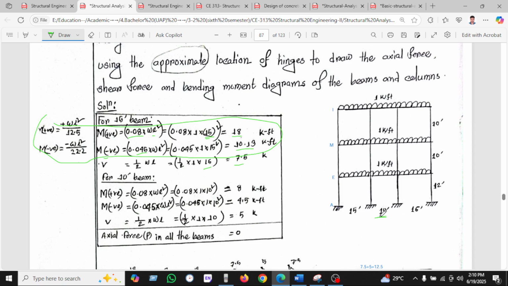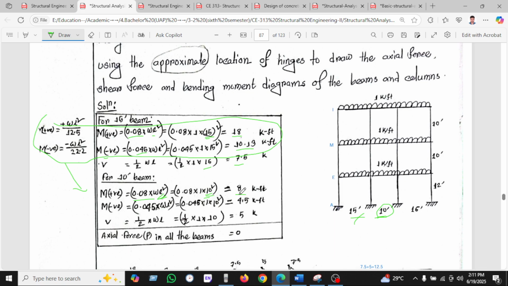In the same way we can analyze the beam which is 10 feet. We have shown here that this is the 10 feet beam. We are using the same formula, M positive equal to 0.08 WL square. How much will L be? L will be only 10 feet, because we have only analyzed the 15 feet so far. Now we can solve the 10 feet beam.